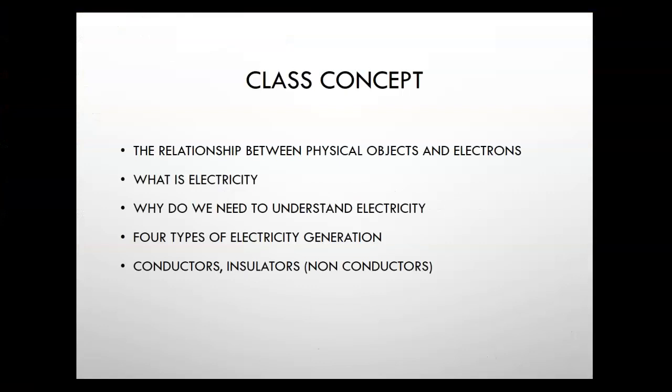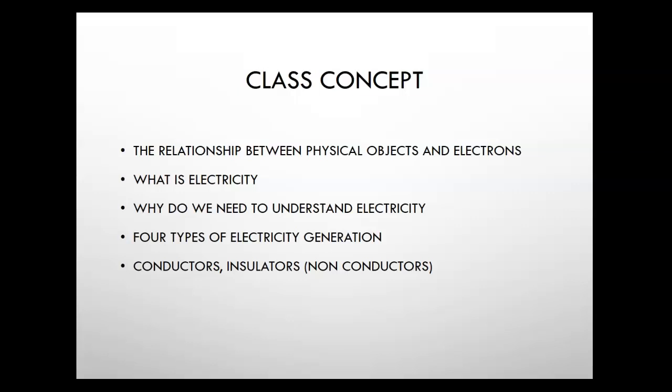So these are the class concepts or the objectives that we would like to cover. We will explain the relationship between physical objects and electrons. What are electrons and what are atoms and molecules, and how does this relate to electricity? We will also talk about what is electricity. We know what it is in a way, but we would like to go into the intricacies of electricity and how it is generated.